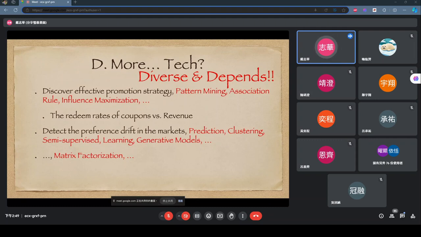So we apply the concept of clustering to help us automatically label critical data points, and that would help the training of a classifier.